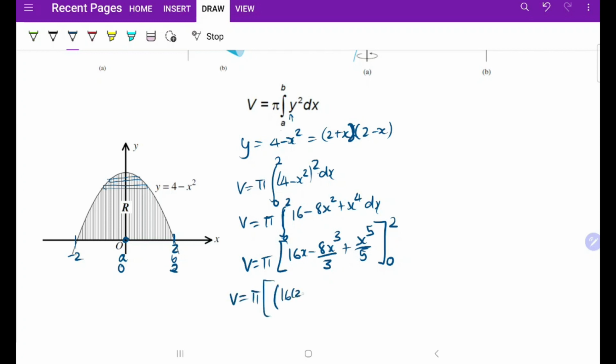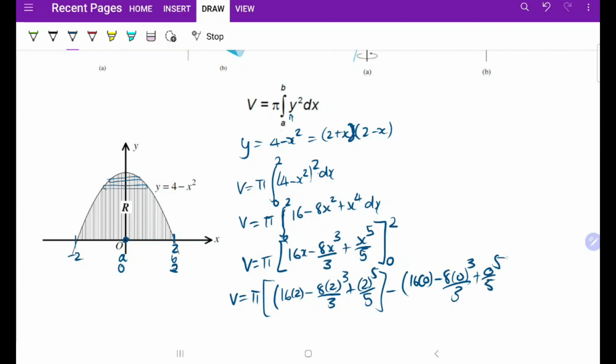So this becomes 16 times 2, minus, so we sub in 2 in our initial one, and then we do the same with the boundary, minusing now. We'll have to sub in 0. So this is 0 there. Minus 8 times 0 cubed over 3, plus 0 to the 5.